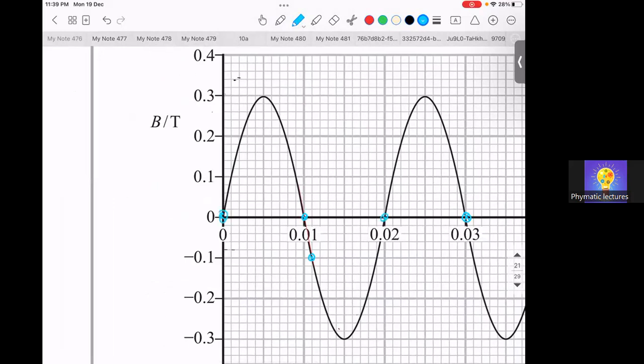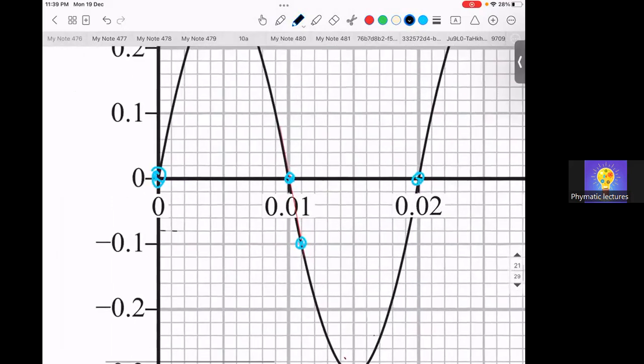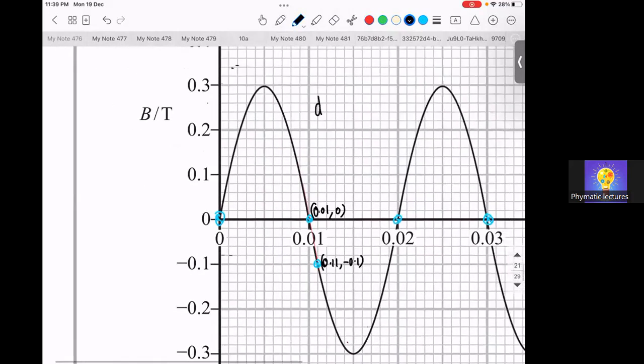So the two points are 0.01, 0, and 0.011, negative 0.1.